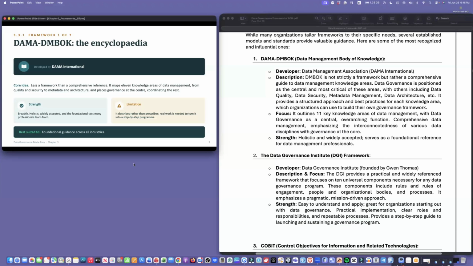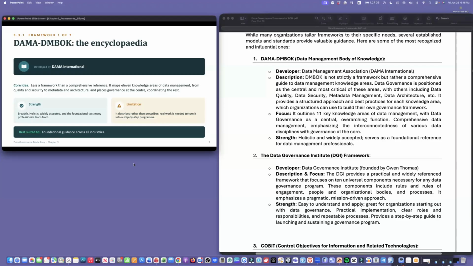Now, the 11 dimensions emphasize that governance is a central function in the organization, and we cannot do it well if we don't know the interconnectedness of the 11 knowledge areas. It is holistic in nature. That means I can't do some part and leave some part. It oversees the whole organization in these 11 areas.